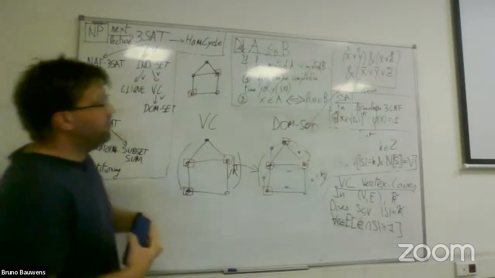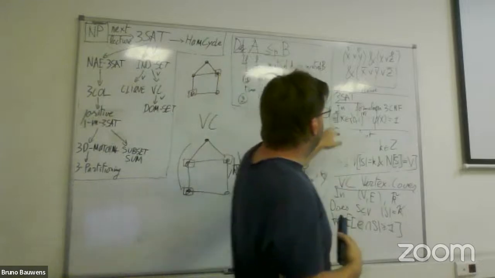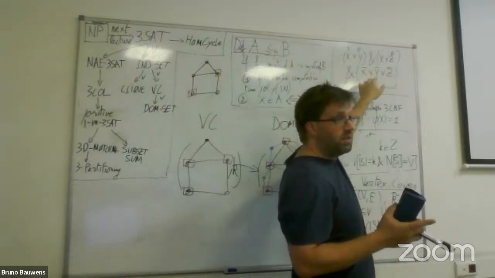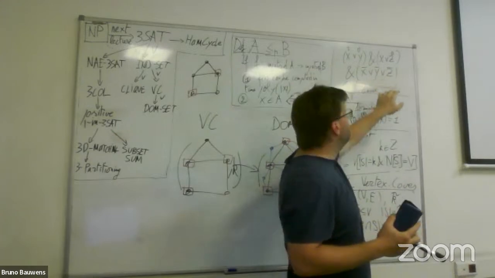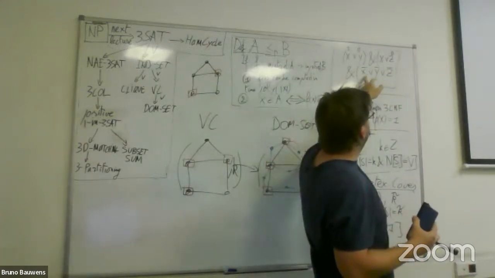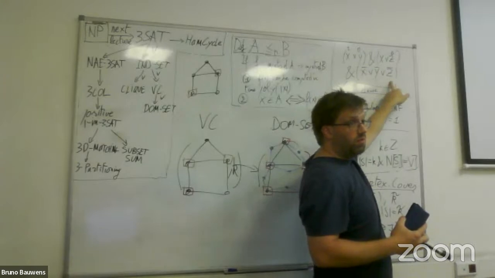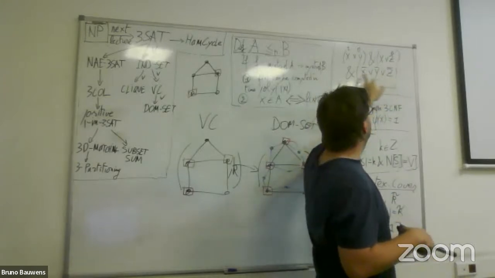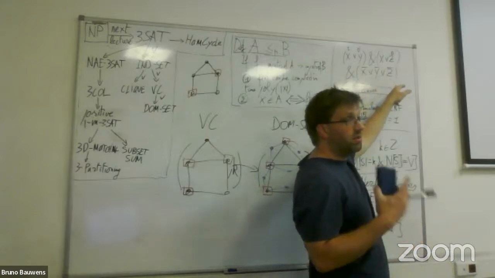What is not-all-equal 3-SAT? In 3-SAT, we want every clause to contain a true literal. Not-all-equal 3-SAT means that we may not have all three literals set to true. So it must be a satisfying assignment in which each clause contains a false literal.